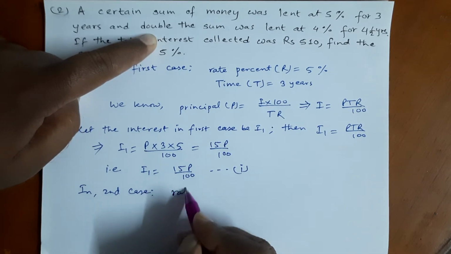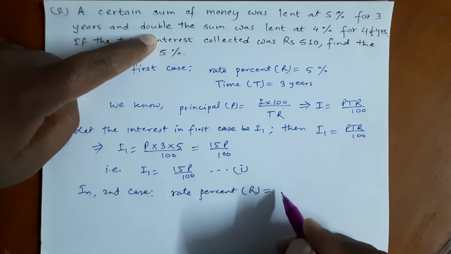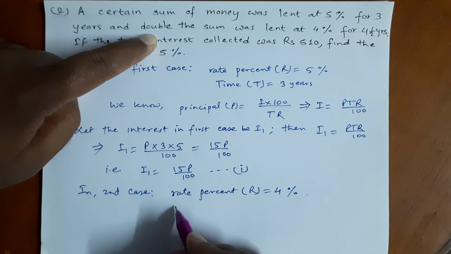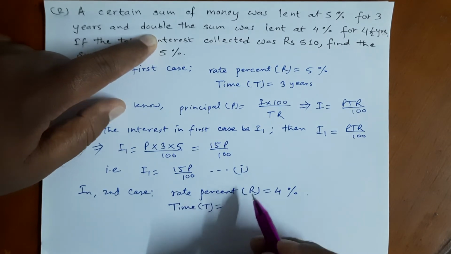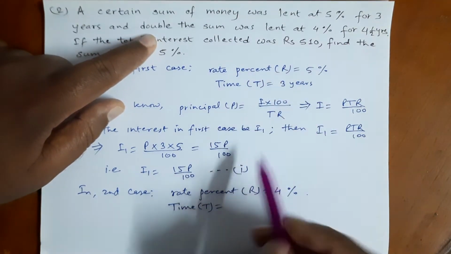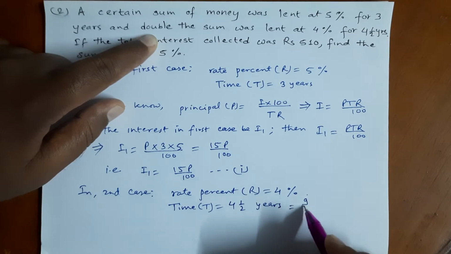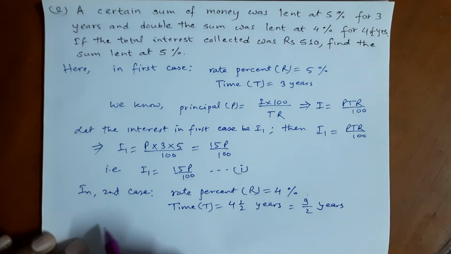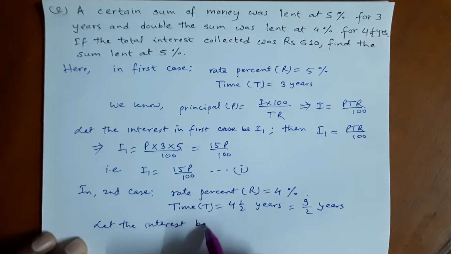In the second case, rate percent R equals 4% and time t equals 4.5 years. 4.5 years equals 4 times 2 plus 1, that is 9 over 2 years. And let the interest be I2.